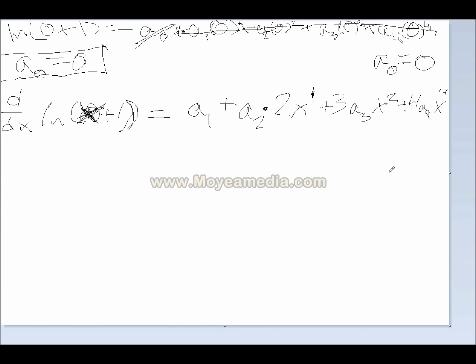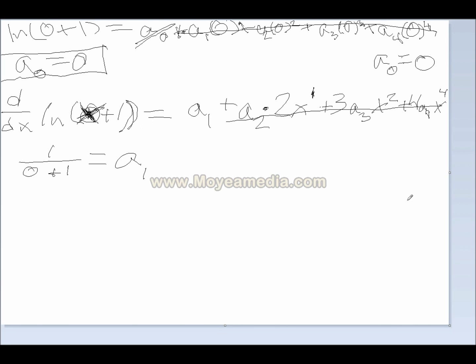I hope that still makes sense. Now, once more, oh, I'm sorry, we almost forgot one really important step, deriving natural log, which is 1 over x plus 1, or 1 over 0 plus 1, because we're plugging the 0 in, and we're just going to plug the 0 in right away, which in turn simplifies all of these out, because the zeros cancel over here, and we just have a sub 1.